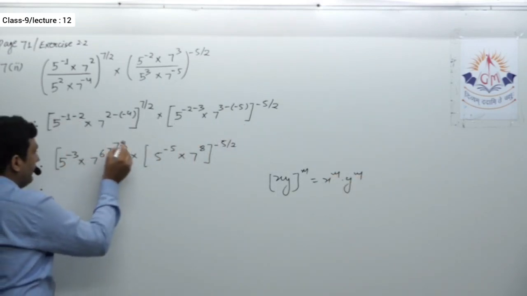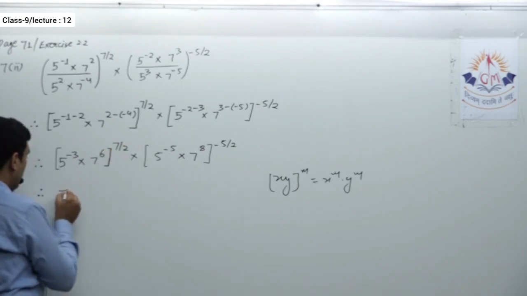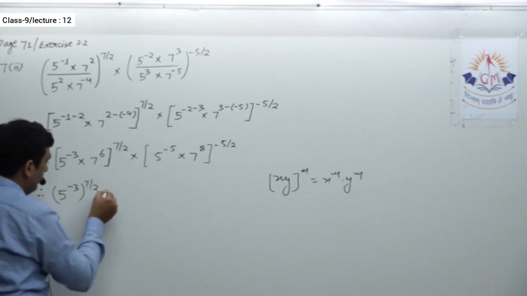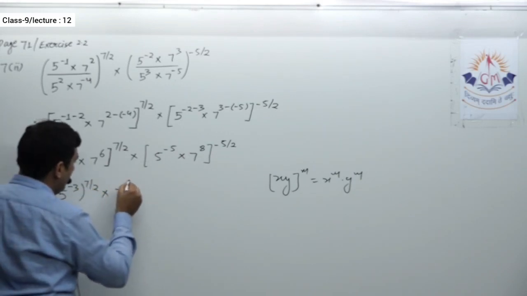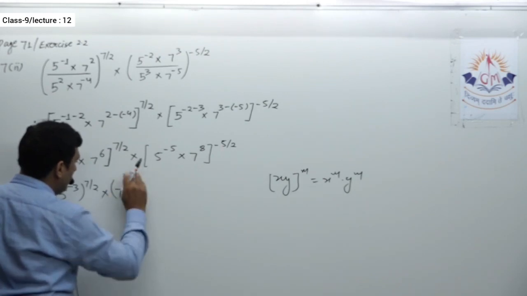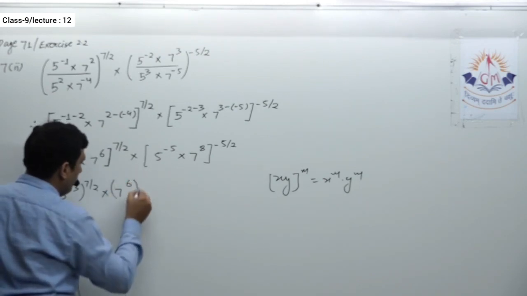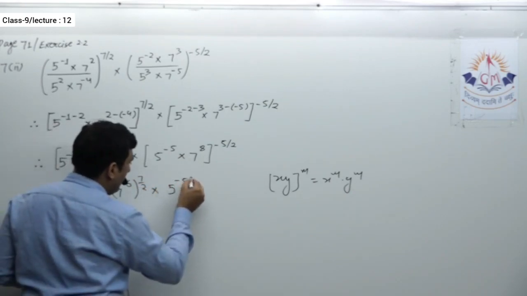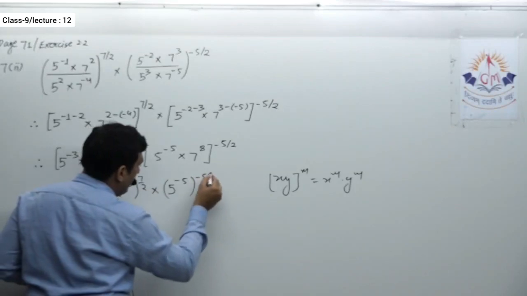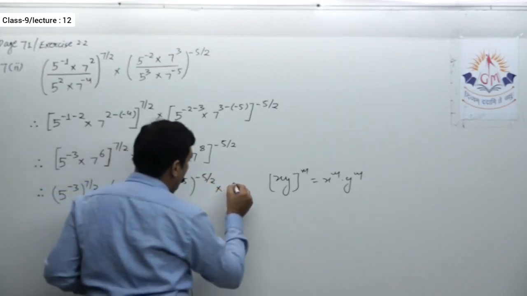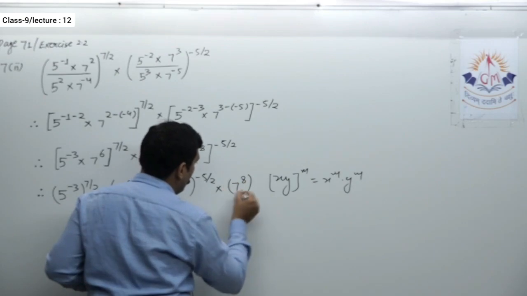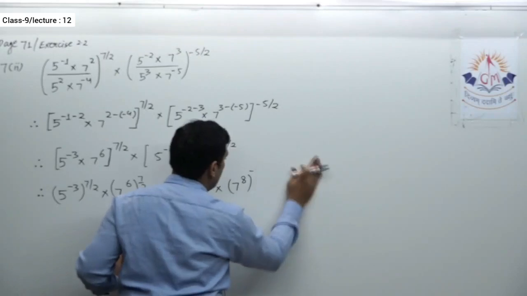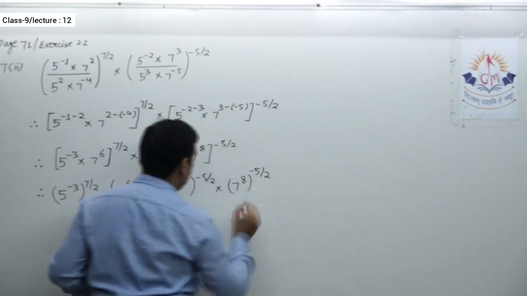So here 5 raised to minus 3 raised to 7 by 2, multiplied by 7 raised to 6 raised to 7 by 2, multiplied by 5 raised to minus 5 raised to minus 5 by 2, multiplied by 7 raised to 8 raised to minus 5 by 2. So by applying this law I'll get this.